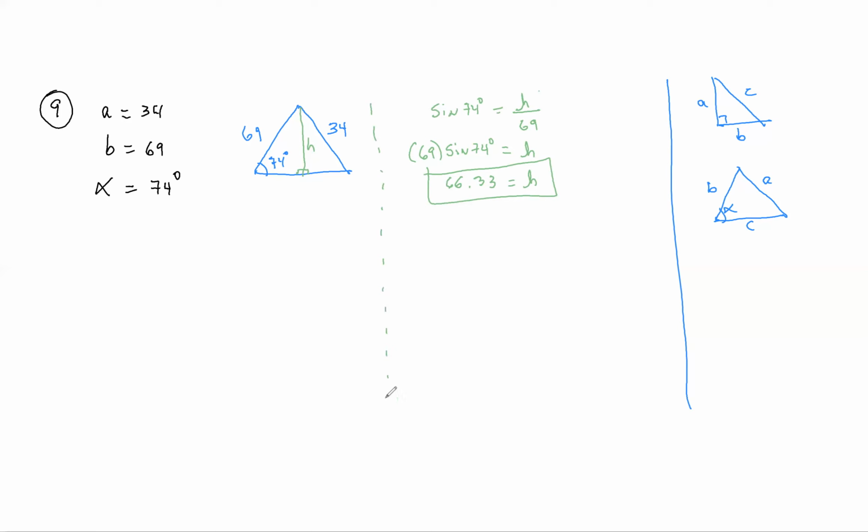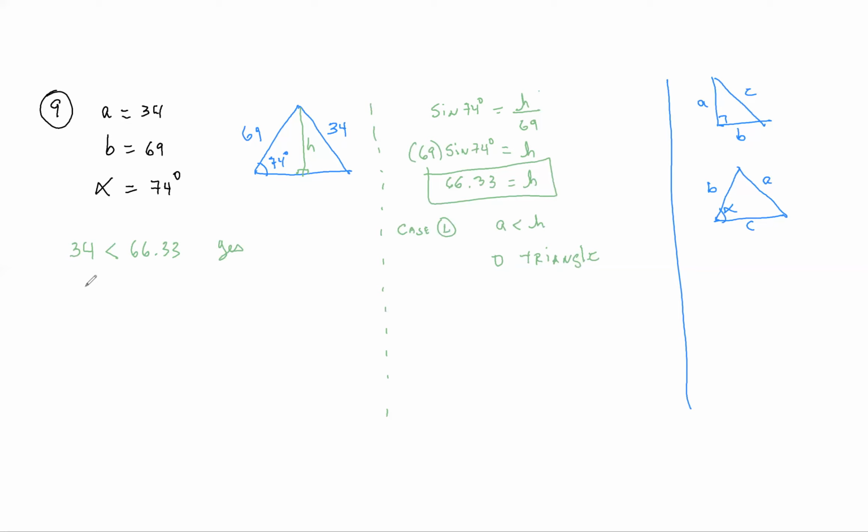Now I look at my notes, and we got case number 1. They mention if a is less than h, this is a zero-triangle case because this triangle is fake. Now, a is 34, which is less than 66.33.